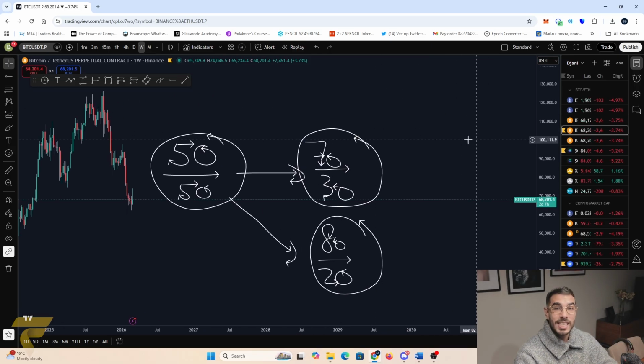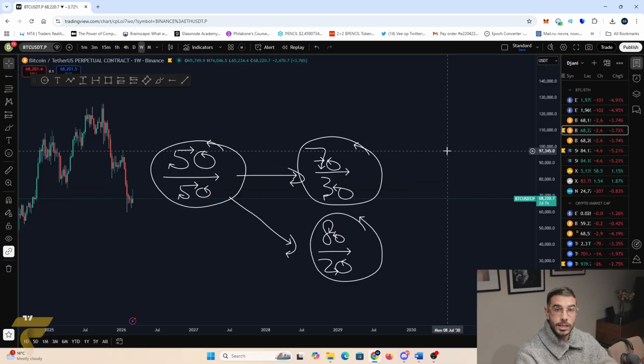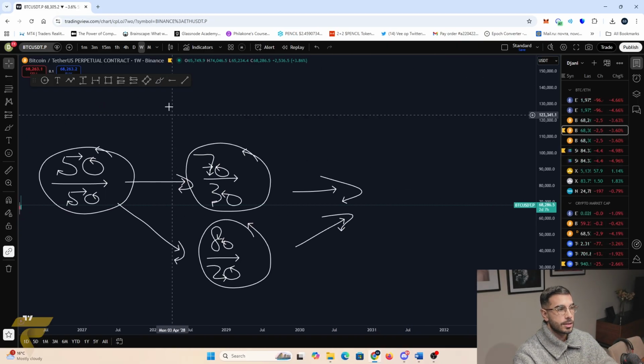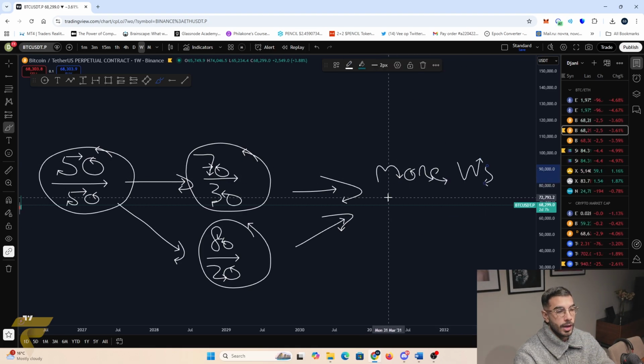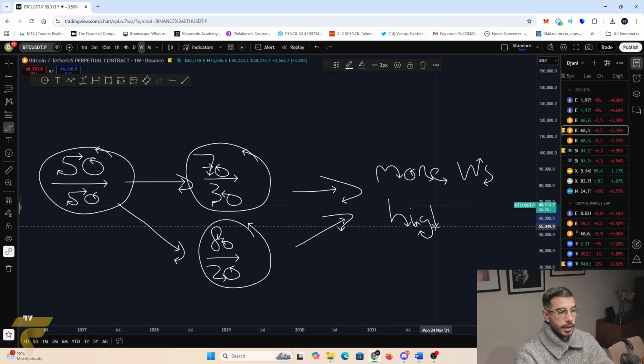And when you're consistent with your decision-making skills, that's a very simple equation that will eventually lead to getting more W's, a higher hit rate, okay? If we take these trades, this will give us more W trades, a higher hit rate.